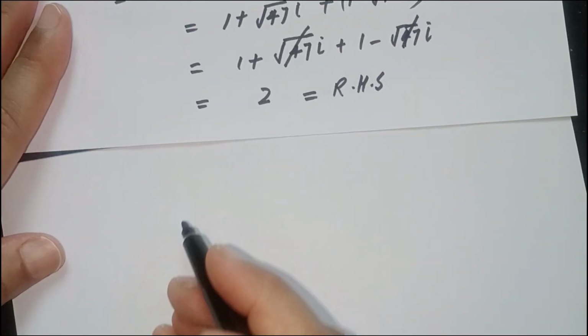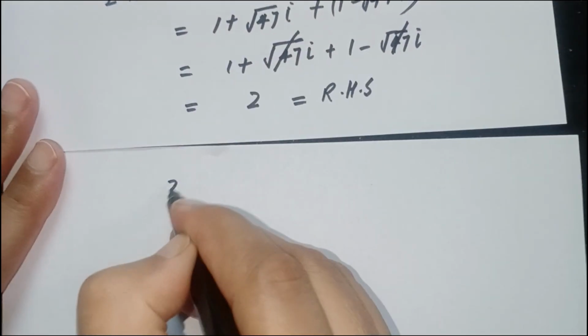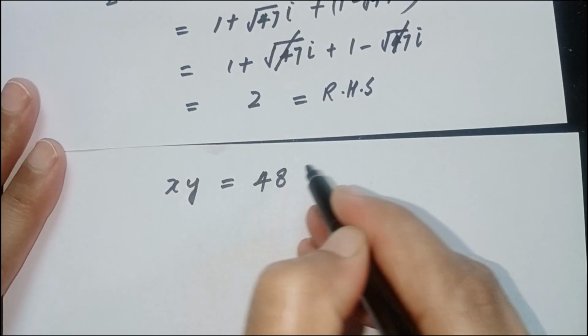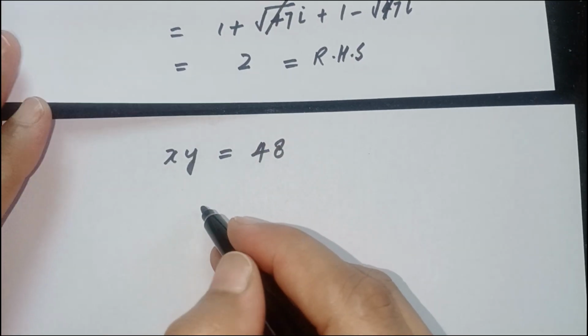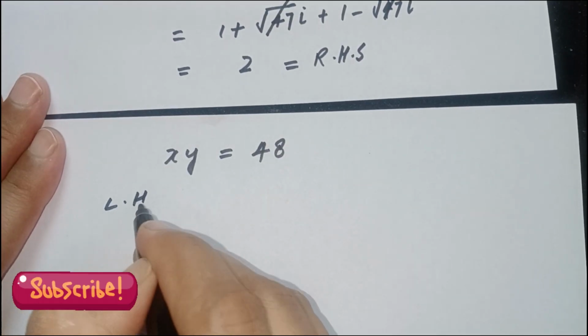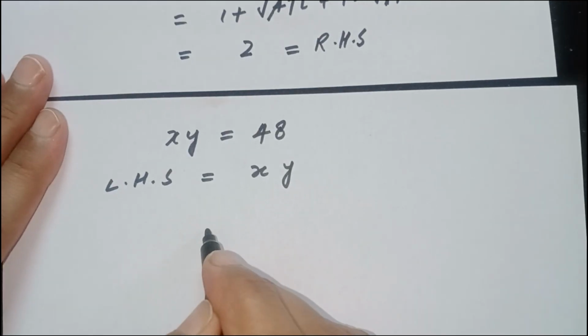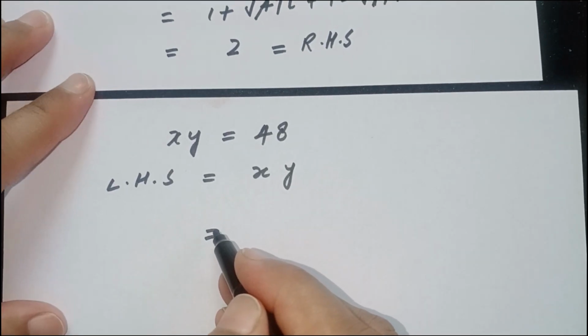Now the second equation, the product of xy is equal to 48. Now we will take the left hand side of this equation. Left hand side is equal to xy.